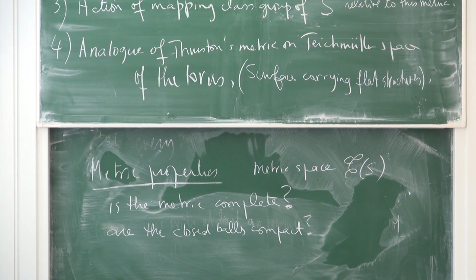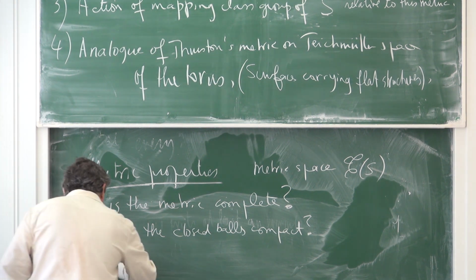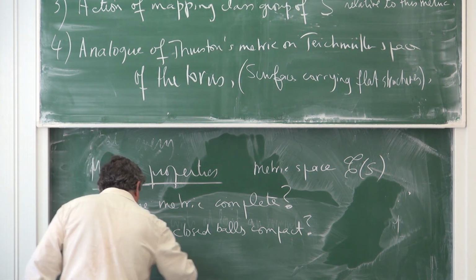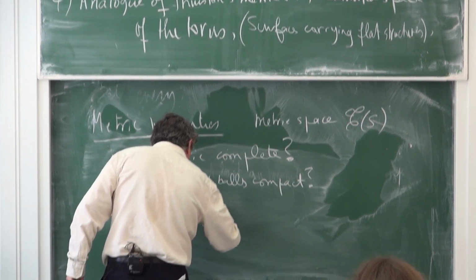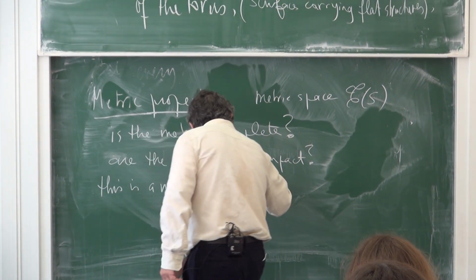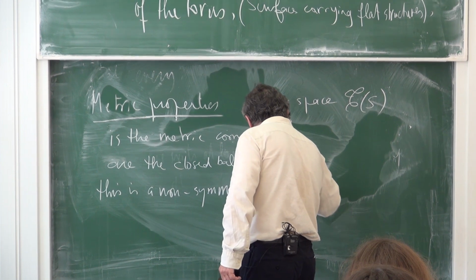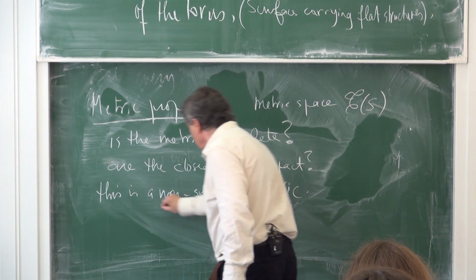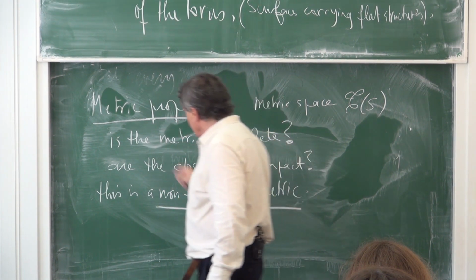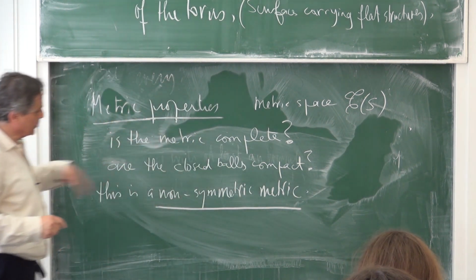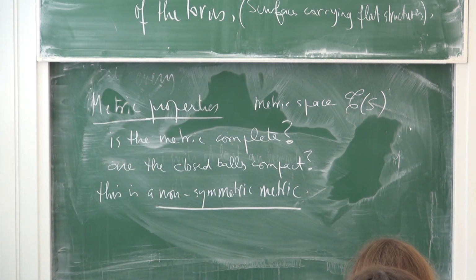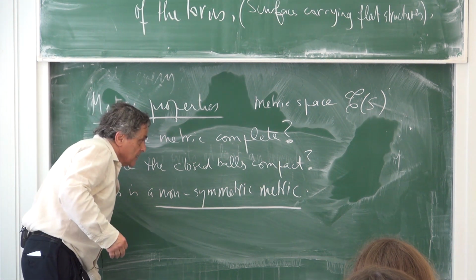And this is the thing which I want to point out, that this is a non-symmetric metric. The completeness and the question of whether the balls are compact or not, you have to give them some meaning. It's not the usual meaning.